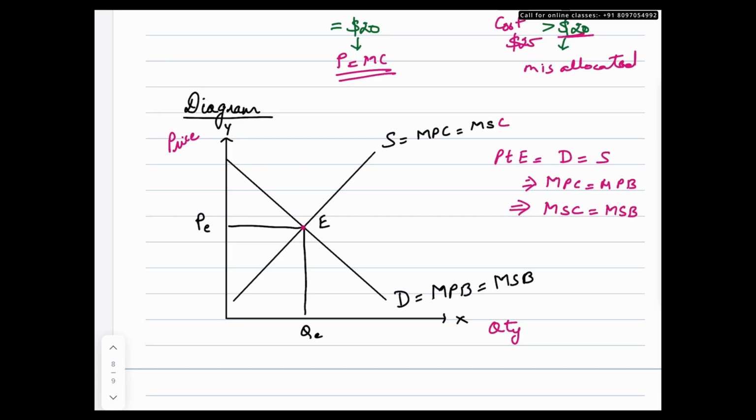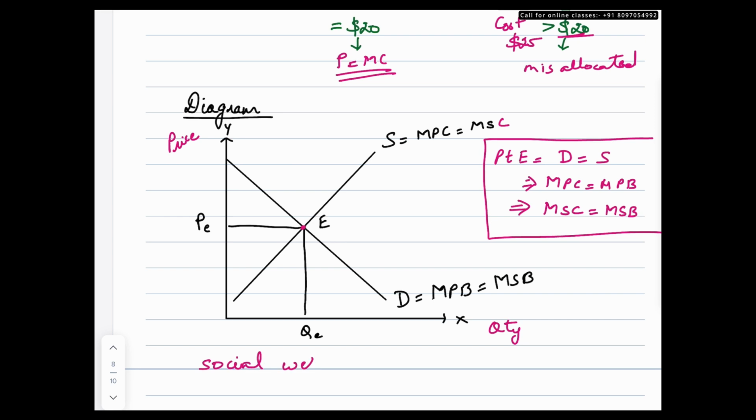At point E, everything is equal. This is what allocative efficiency looks like. Now, another way to identify allocative efficiency is that social welfare is maximum at the allocatively efficient level of output.